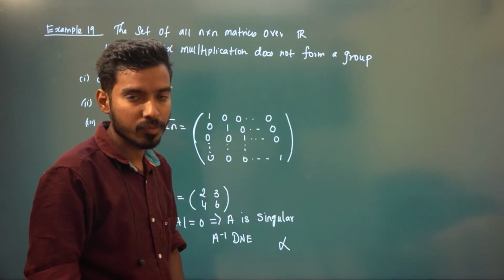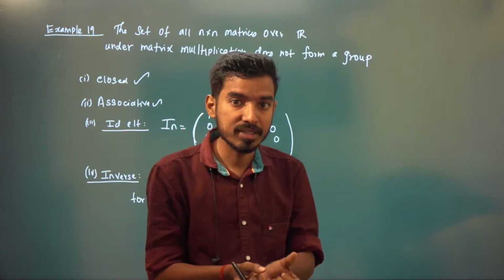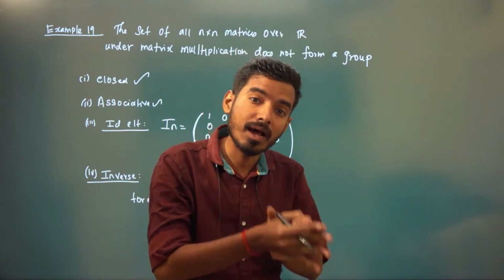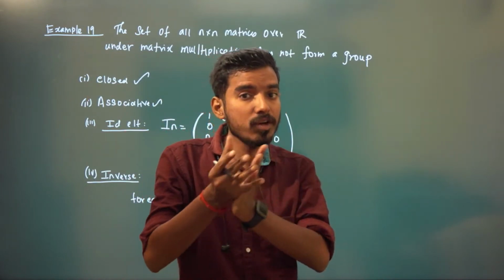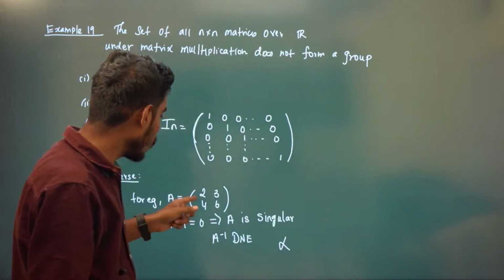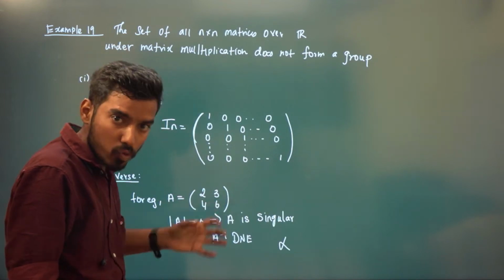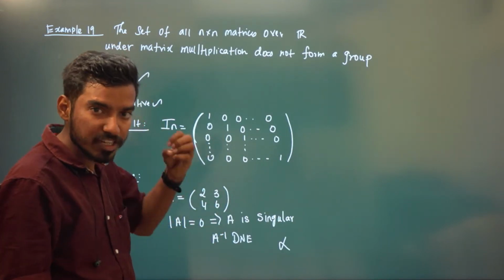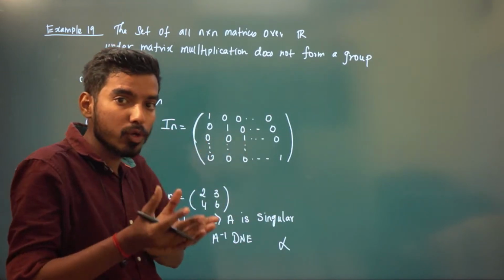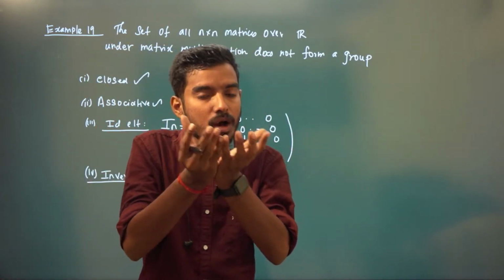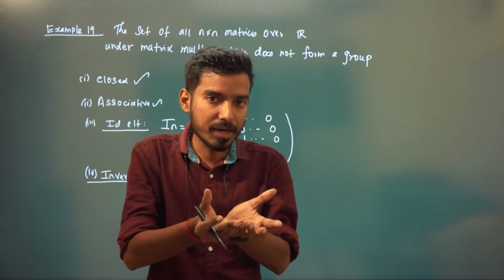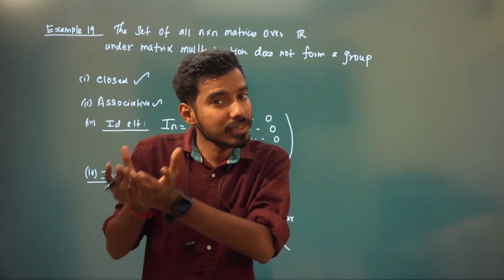Yes or no? If I collect all those matrices whose determinant is not equal to 0, then it will form a group, because the ones whose determinant is 0 are the ones that are troubling us. If I remove all those matrices whose determinant is 0, then we will have a new set. That new set consists of all n cross n matrices whose determinant is non-zero.